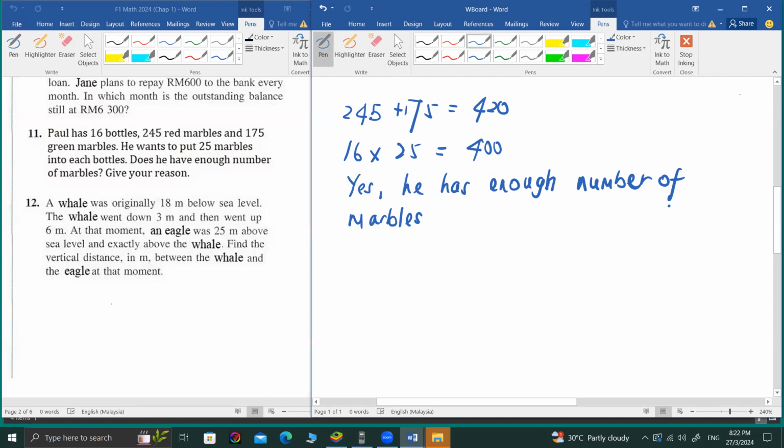Yeah, he has enough number of marbles and he has how many? How many? 20 more. He has 20 more than the number needed.